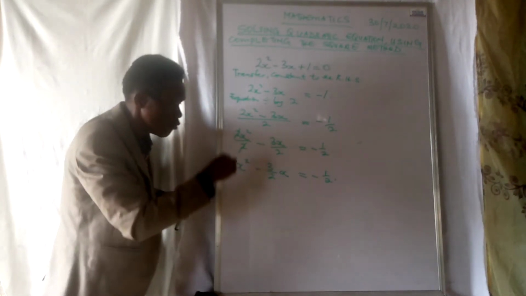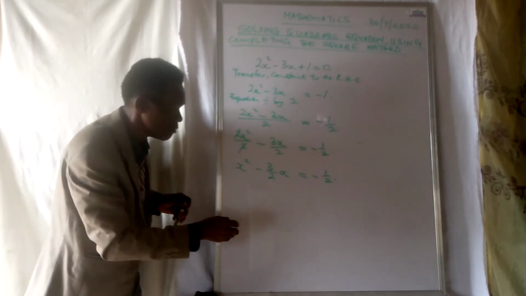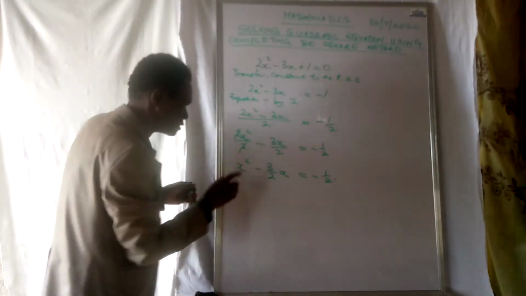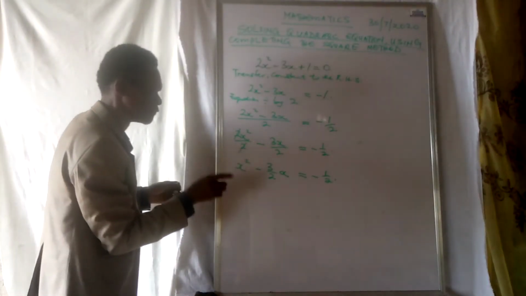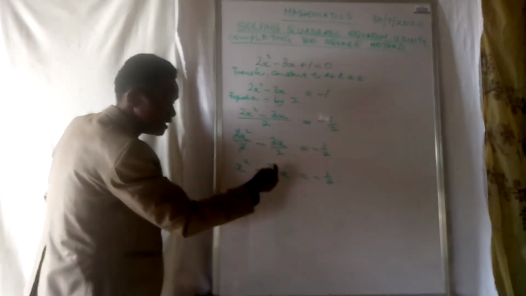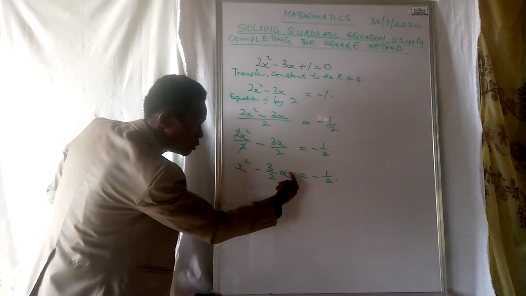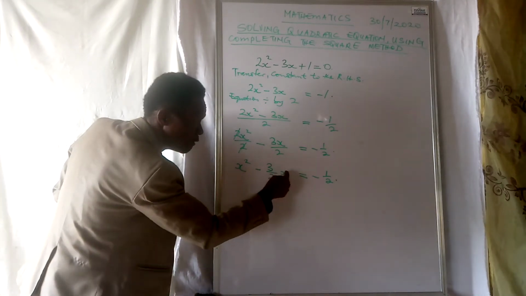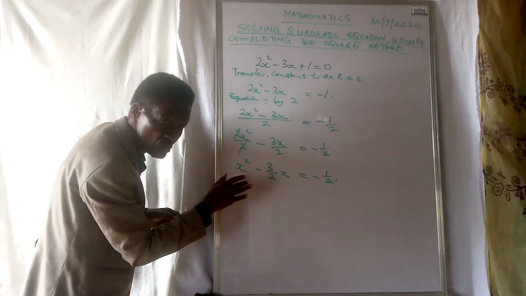Then we multiply it, that is, we square it. Then finally we add it to both sides. So that's what we are going to do now.